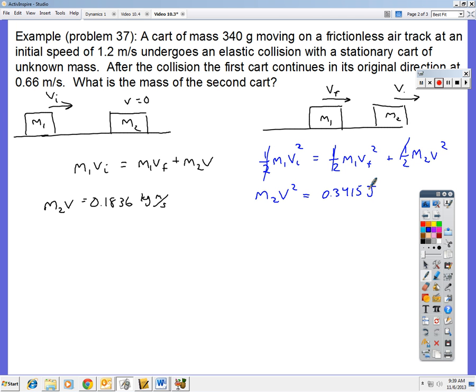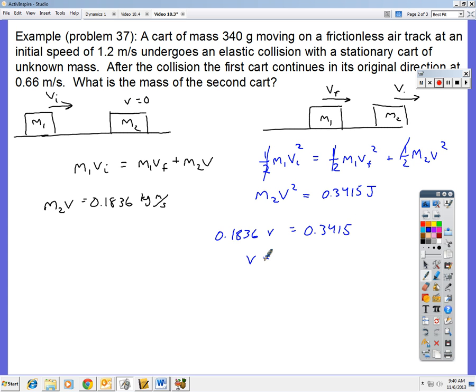So we've plugged in numbers early, and now we have two equations, and this actually ends up being pretty easy to solve. Because if m2 v is equal to this, and m2 v squared is equal to that, well, m2 v squared is just m2 v times v. And so this becomes 0.1836 times v equals 0.3415.